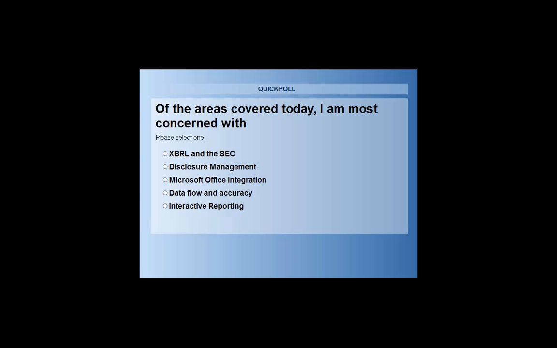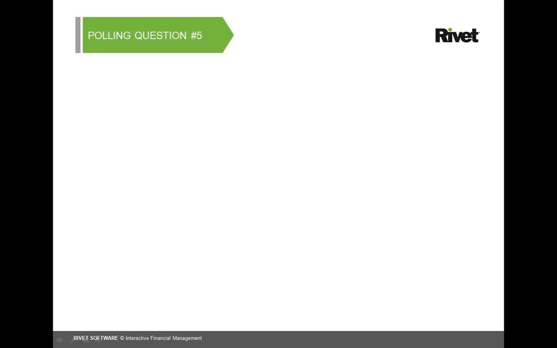And 16% are concerned with data flow and accuracy. And 11% are concerned with interactive reporting. Pretty good mix, with the majority being concerned around XBRL and SEC, which makes sense, and then the rest fairly equal. Office integration and data flow, both at 16%. Okay, great. Great information.